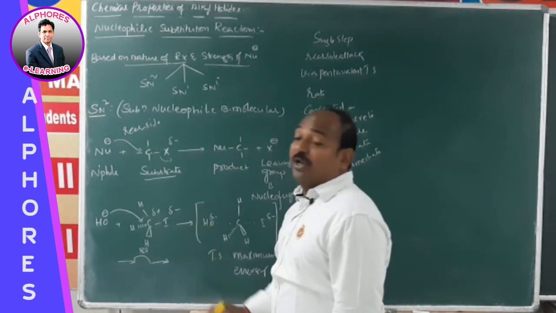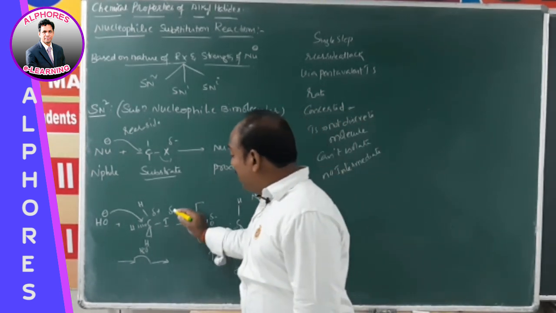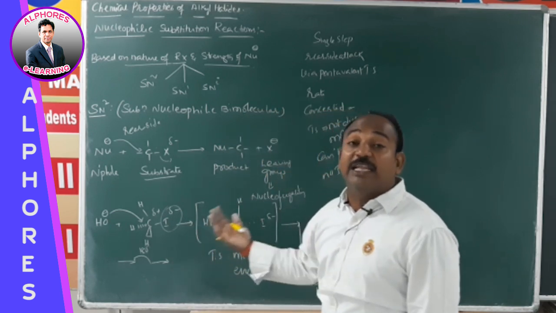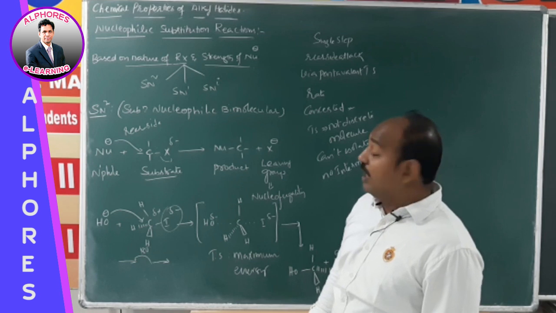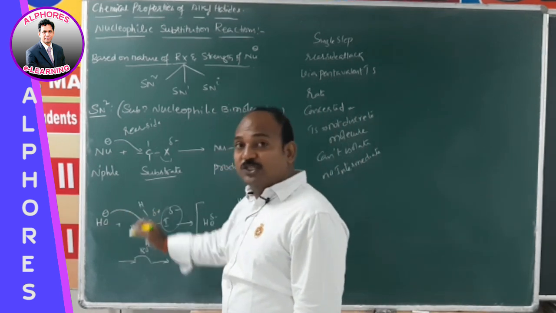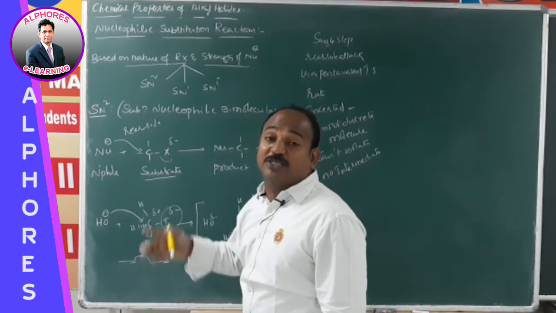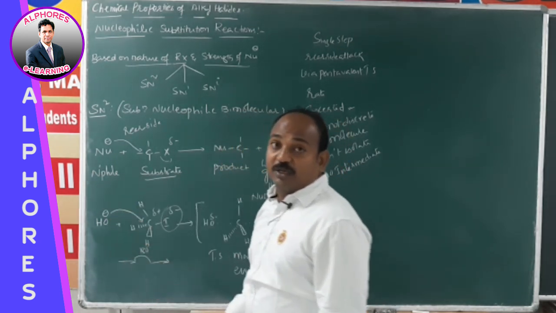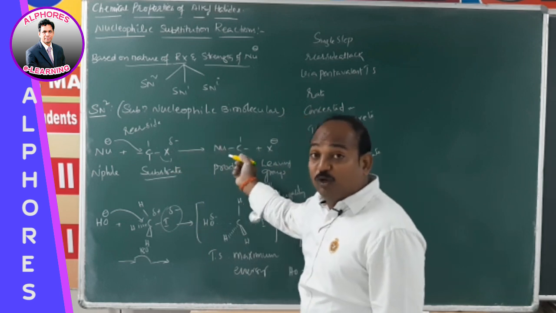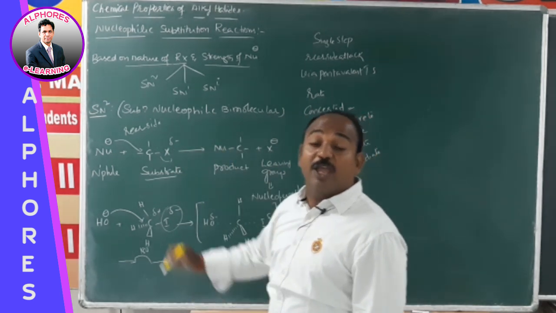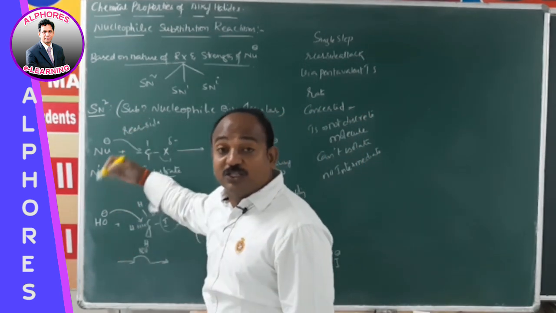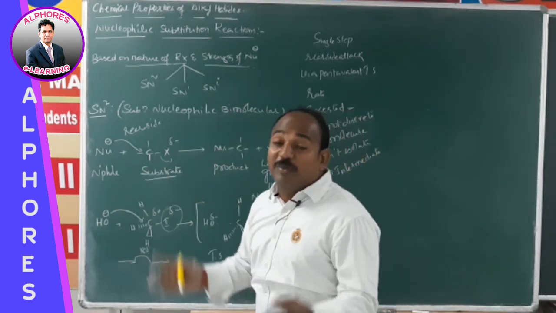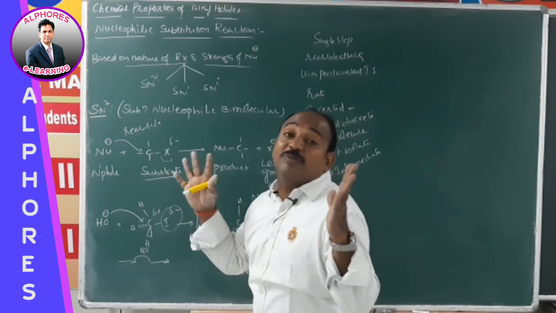If you observe clearly, you can understand that. The leaving group departs by taking the bond pair of electrons, so it comes out as a negatively charged one. And the approaching nucleophile is also electron rich, whether it possesses a negative charge or is neutral. So the departing leaving group and the approaching nucleophile are both electron rich. When both are electron rich, obviously the repulsion between them is maximum.